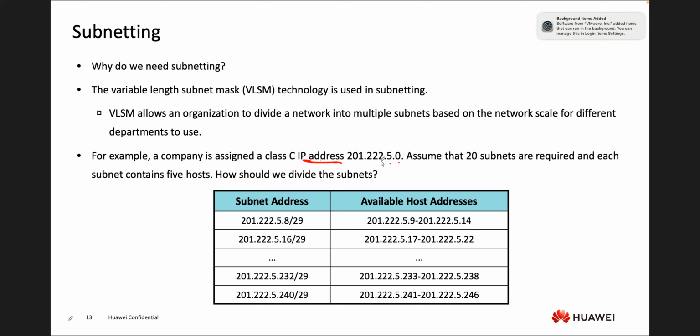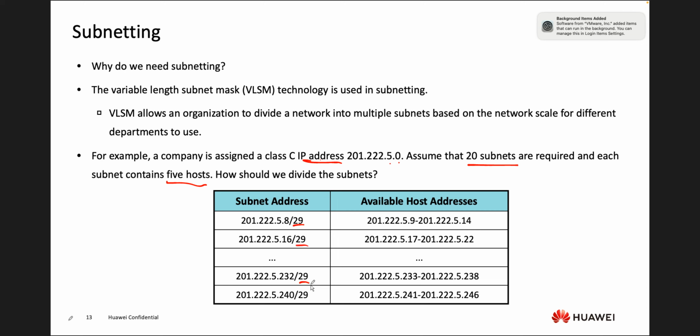And now they're assuming there are 20 subnets required, and each subnet must contain only 5 hosts. So they will take from the host and then do the division. Basically, in this case, if that is 5, which is the network, they'll take from the network and they'll try to do this.